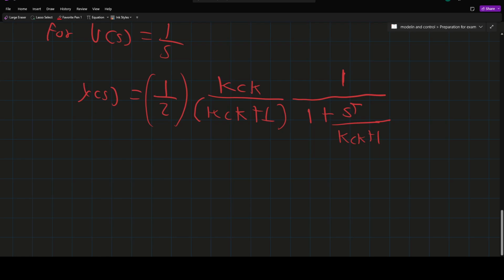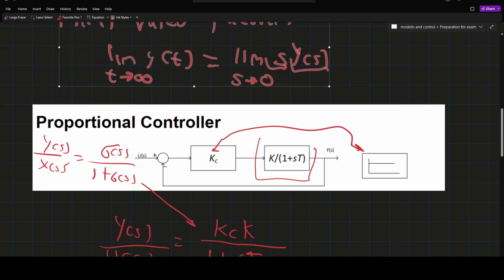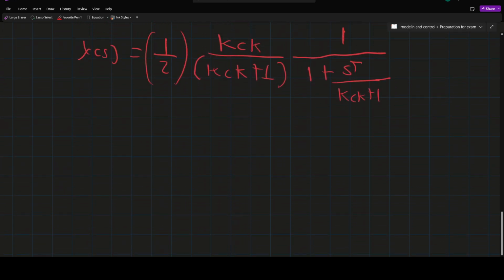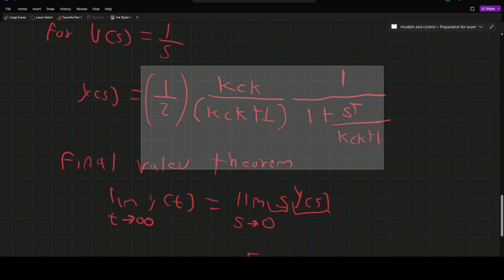For the final value theorem, we multiply by s, so the limit of y(t) as t approaches infinity is the limit as s approaches 0 of s times Y(s).